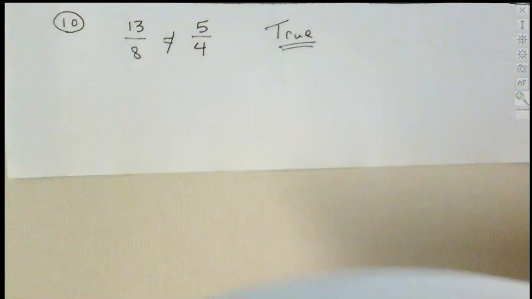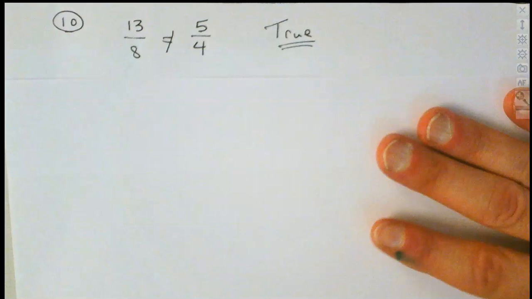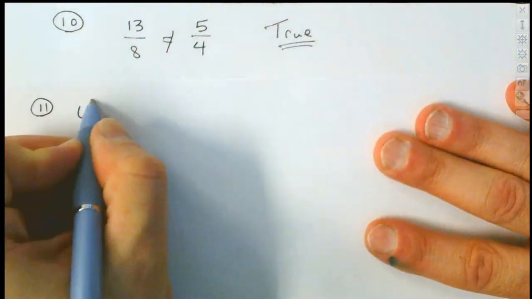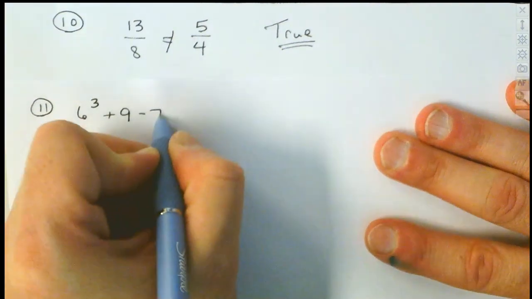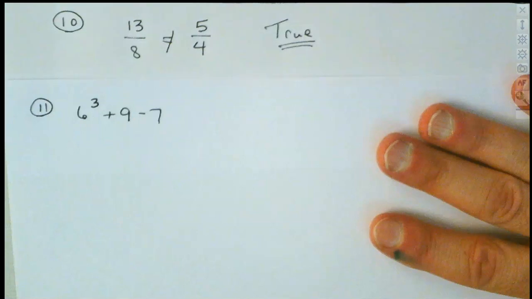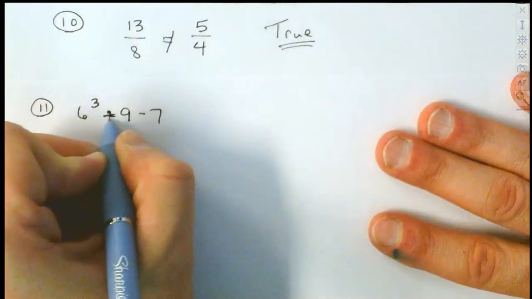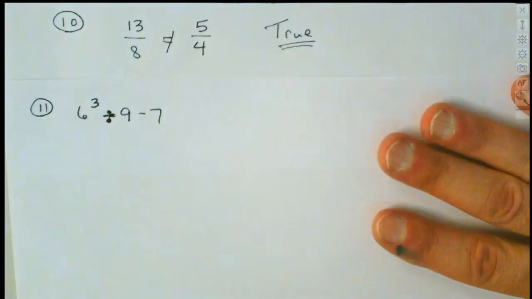Question 11, order of operations. What we have is 6 cubed plus 9 minus 7. Oh, wait, that's a division symbol. Yep, divided by. Sorry about that. So 6 cubed divided by 9 minus 7.